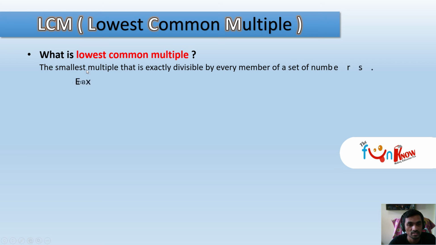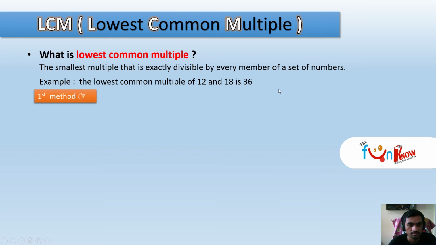Once we understand multiple and common multiple, we can move ahead to the lowest common multiple: the smallest multiple that is exactly divisible by every member of a set of numbers. For example, the lowest common multiple of 12 and 18 is 36.